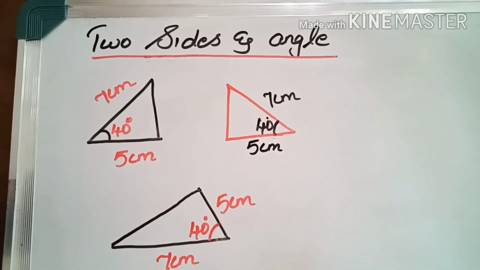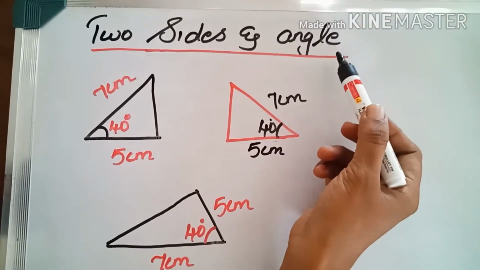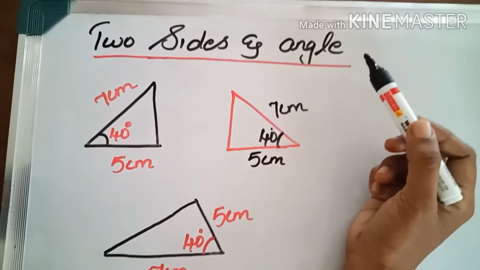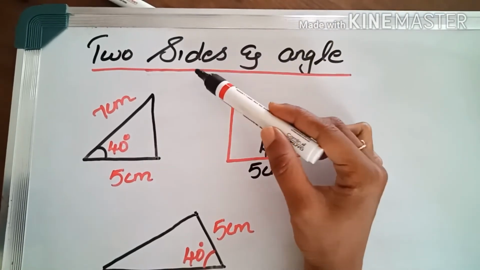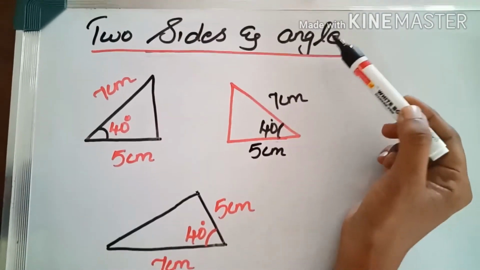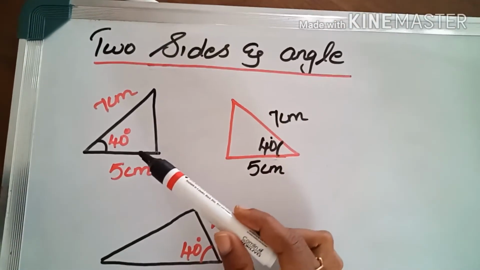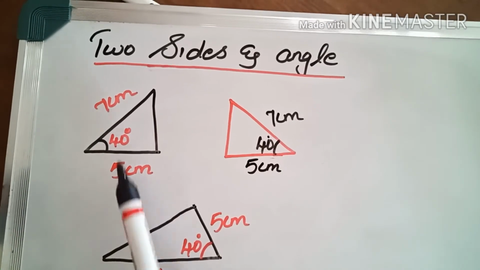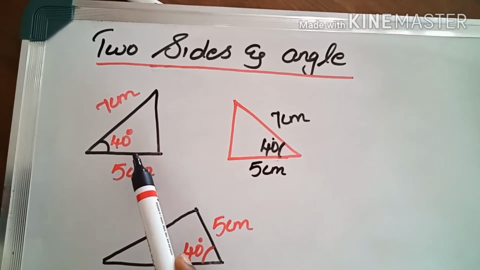Now let's move on to the next subheading, that is two sides and angle. The first one was three sides. All the three sides equal means they are equal triangles. Here the second subheading is two sides and angle. So for that, consider these three figures. For the first triangle, one side is 5 centimeter, the next side 7 centimeter, and the angle between them is 40 degree.